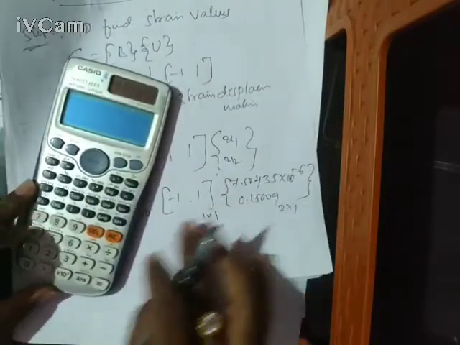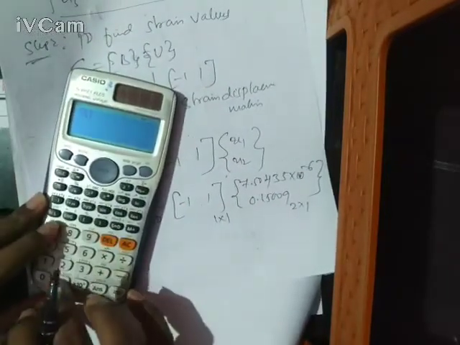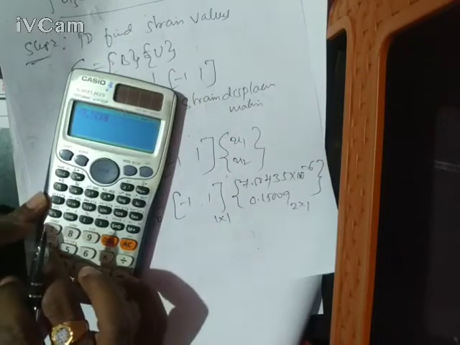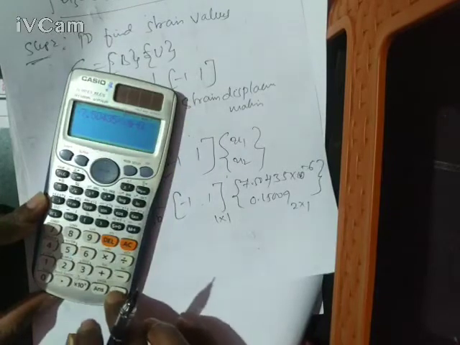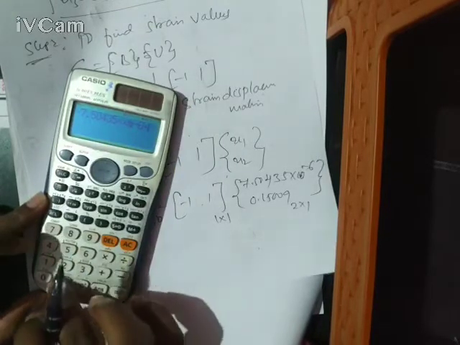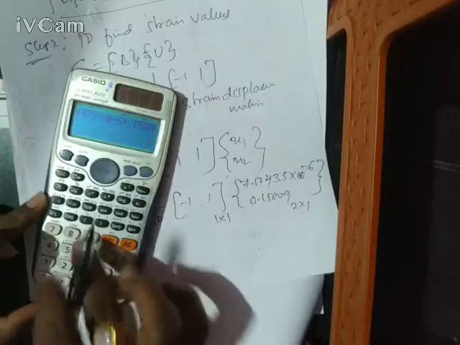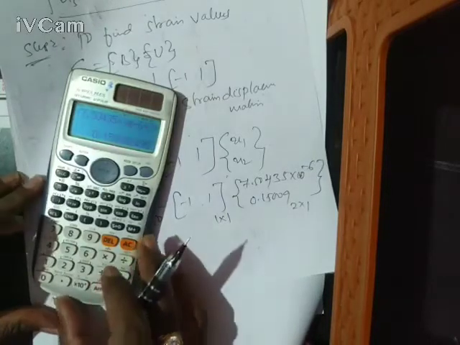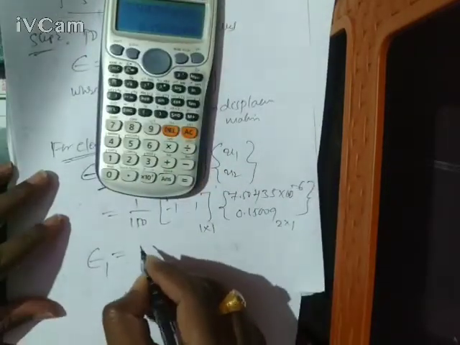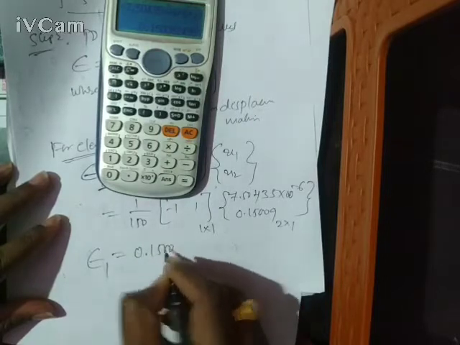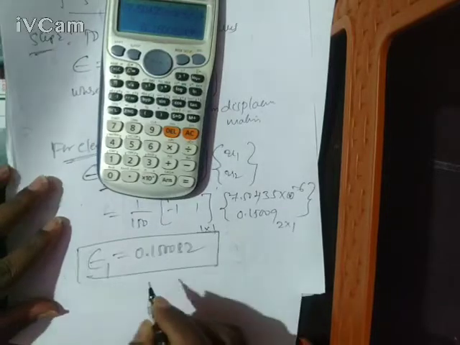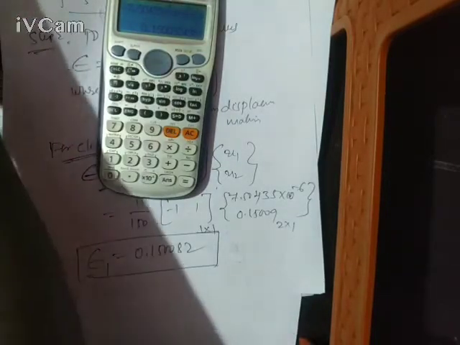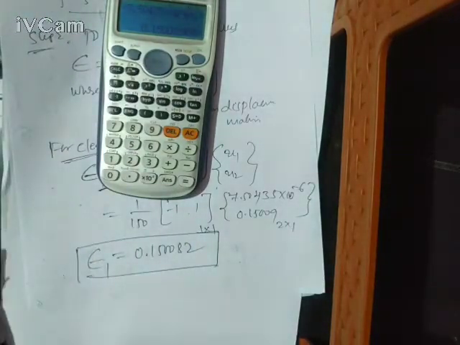So see here, minus 7.50435 into 10 to the power minus 6 plus 0.15009, right? So how much am I getting? My strain 1 is 0.155082. So this is my strain 1 value. Okay. See here, next I have to find out the strain 2 value. Fine.